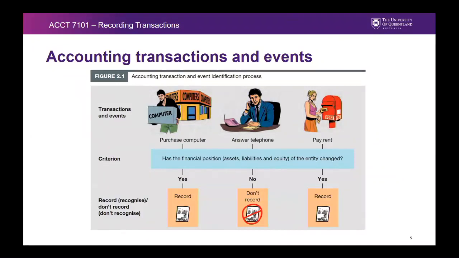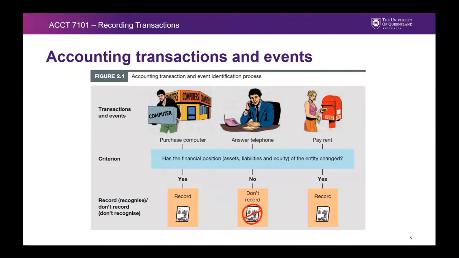If we're in business and we answer the telephone, that's generally something we can't really convert, and there's not really an issue of valuing the event, so we generally don't record events such as answering the telephone. The third example, if we pay some rent, then generally we will record that, because we can measure the value of rent, and it's something of value that we'll record.